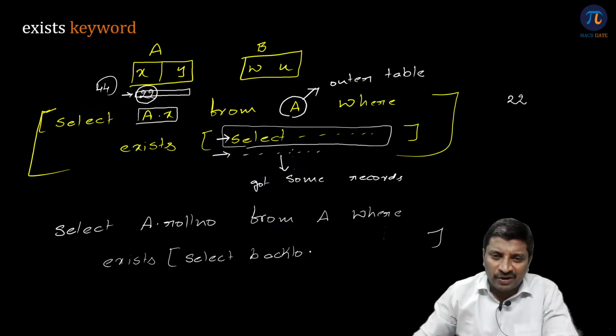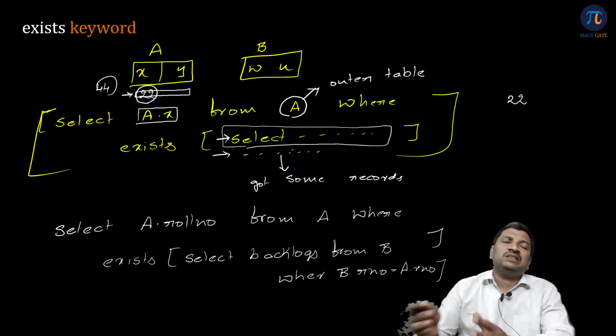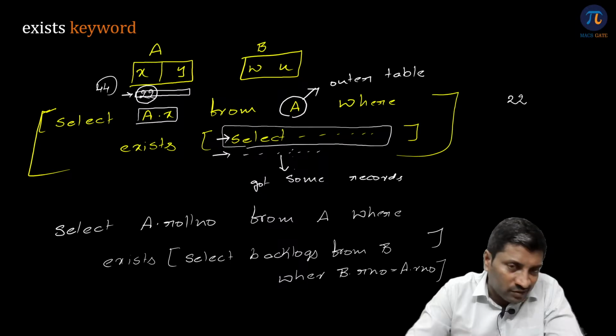Suppose I am selecting backlogs from another table where b.rollnumber = a.rollnumber. So what does that mean, sir? In the first table I have student details. In the second table I have backlog details.